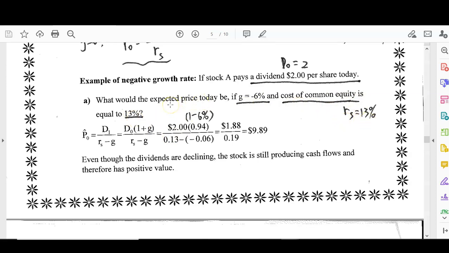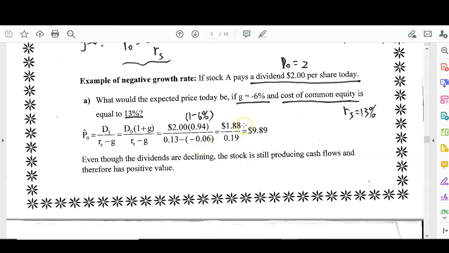We want to know the expected price today, which is P0 equals D1 over RS minus G, where D1 is also D0 multiplied by 1 plus G. So we can just plug in the numbers using D0, $2, multiplied by 1 plus G. Because G here is negative, we use 1 minus 6%, which is 94%, or 0.94, and we divide by RS, which is 13%, minus G, so we minus negative 6%.